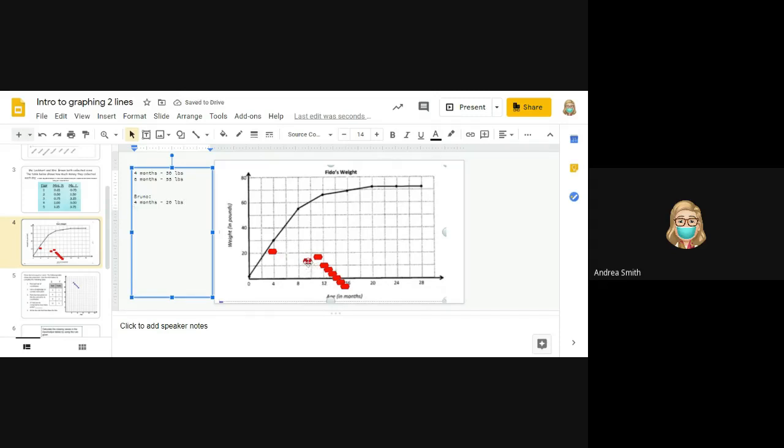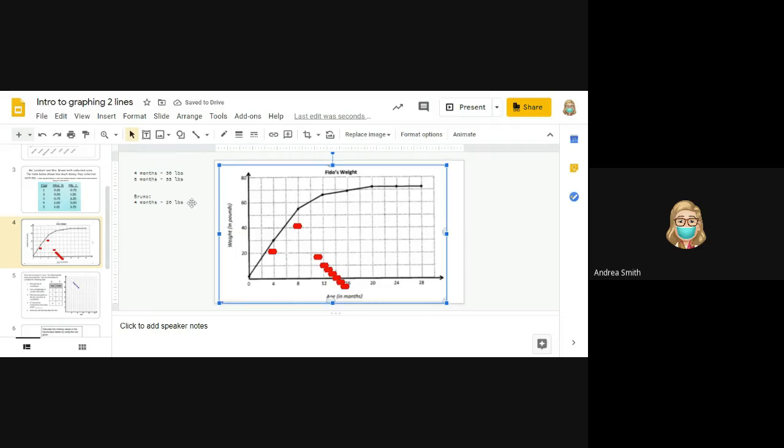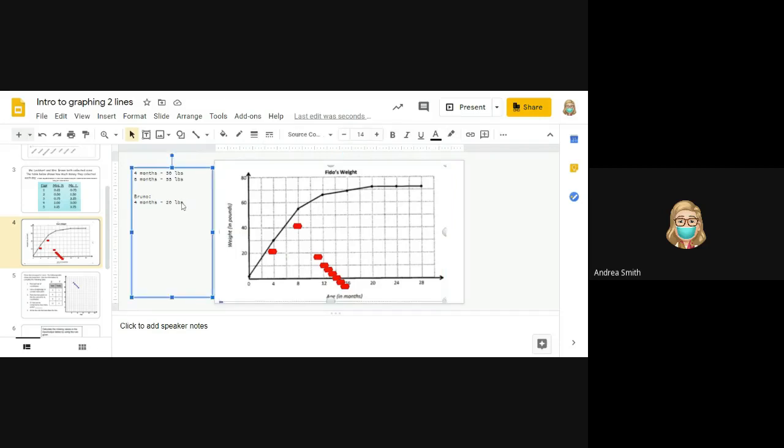And then when Bruno was 8 months old, let's say Bruno weighed 40 pounds, okay? So Bruno at 8 months weighed 40 pounds.